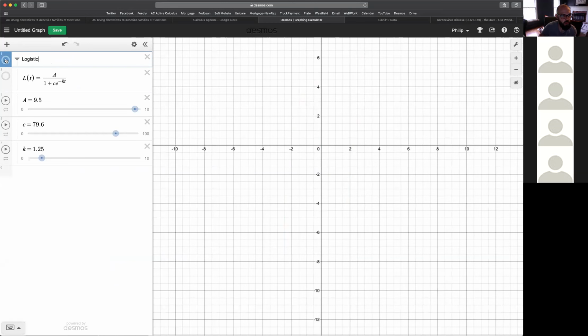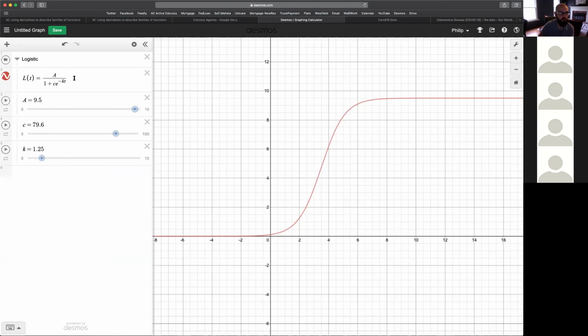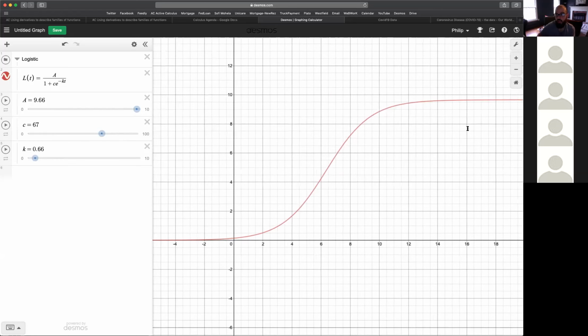Okay, so let's go over to our Desmos graph here, where I already plugged in our function, a over 1 plus c e to the minus kt, and then we can play with some parameters. You can see that as I move these around, we can see different shapes happening.